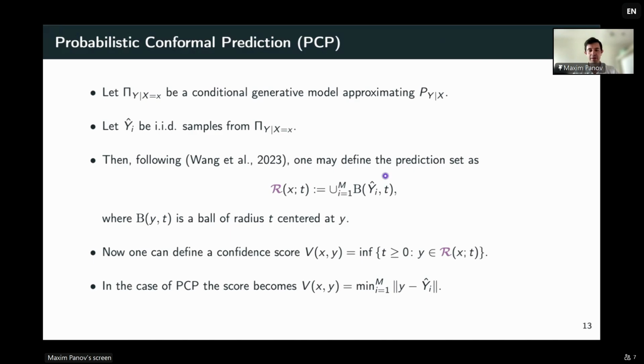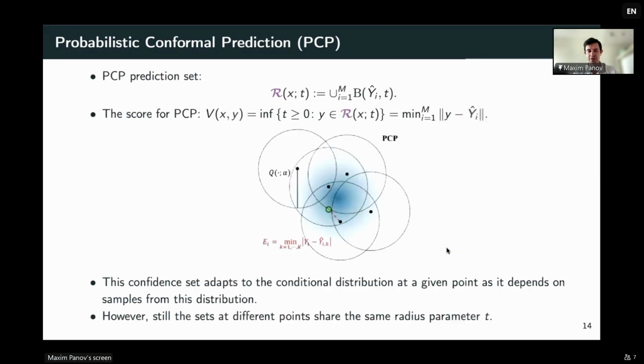For such a construction, first of all, it obviously captures the geometry of the data distribution, and that's why it's pretty flexible. Also, it's straightforward to define the score function: the smallest radius such that the label is contained in this confidence set.